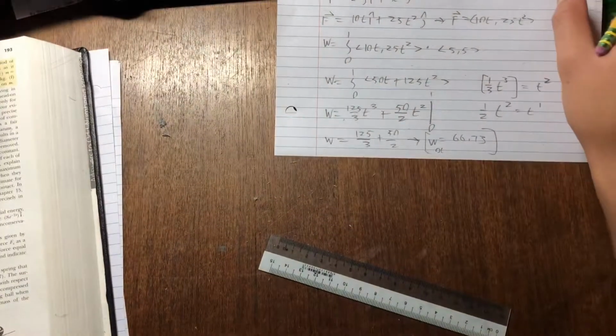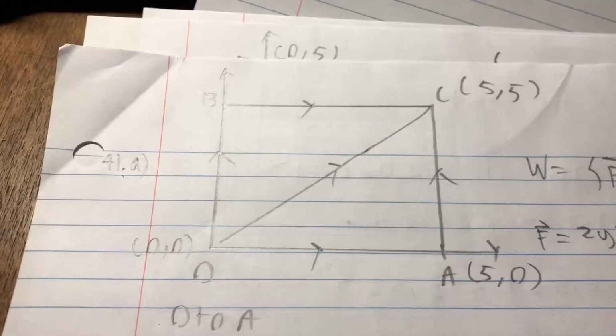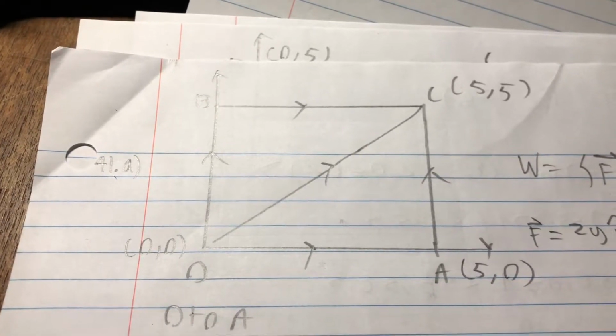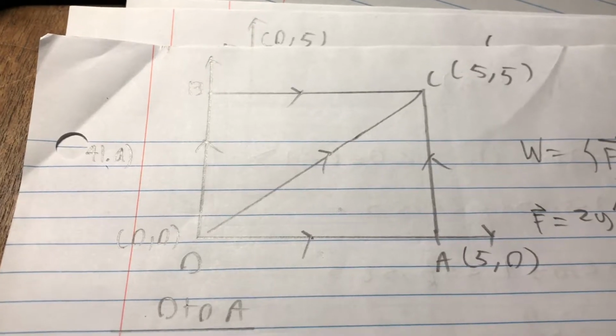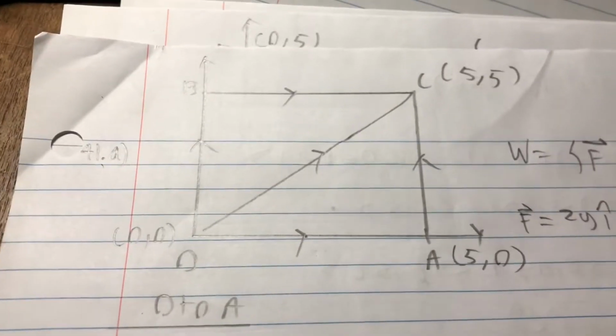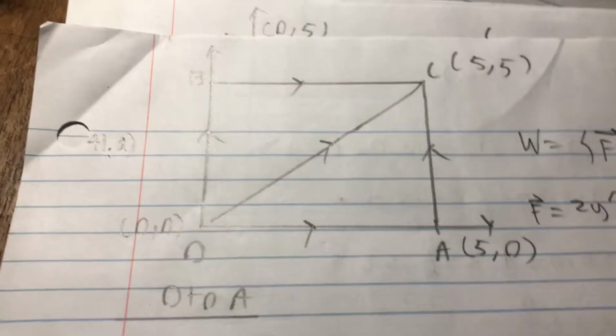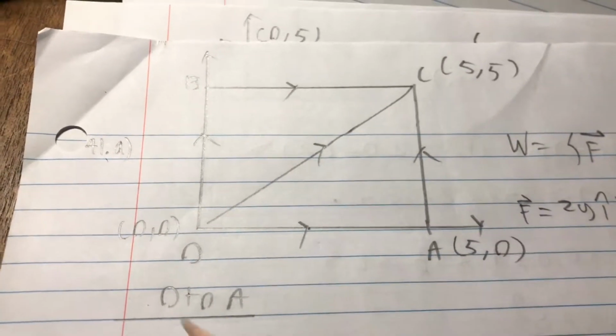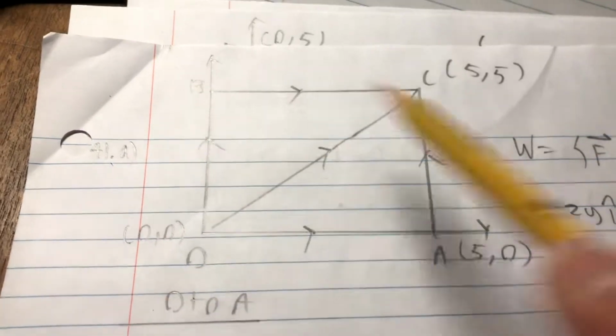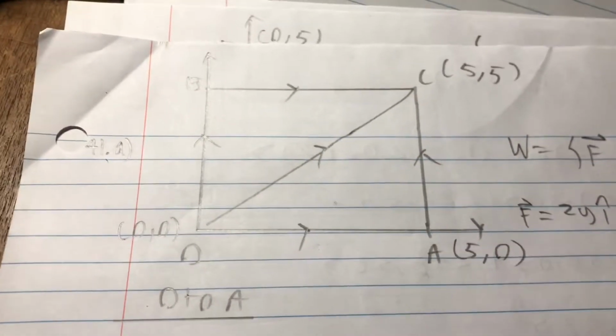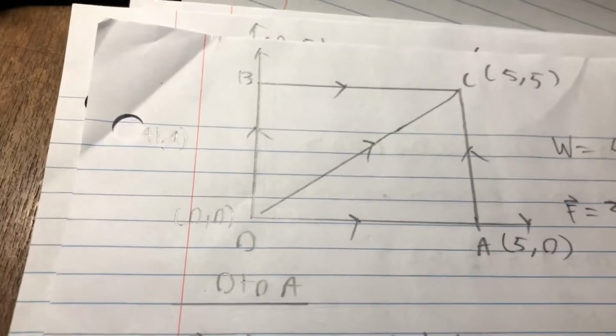And that's it to problem number 41. I almost forgot to do part D. Part D asks, is F a conservative or a non-conservative force? Well, the force is actually non-conservative as you solve the entire problem. The work done in each path is different. Therefore, the force is non-conservative because it is path dependent.